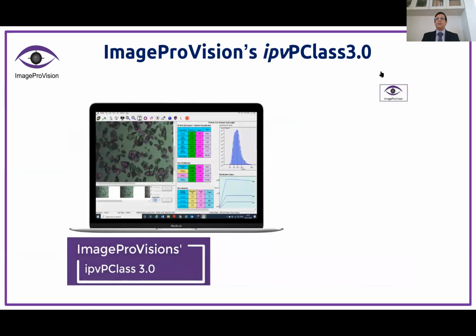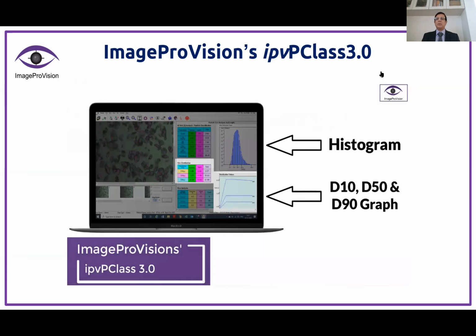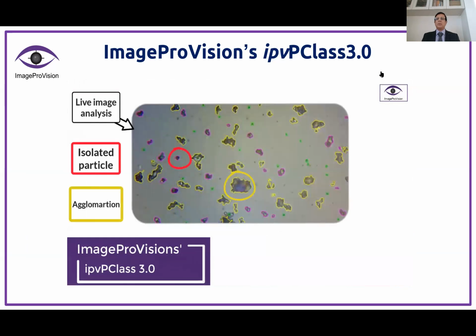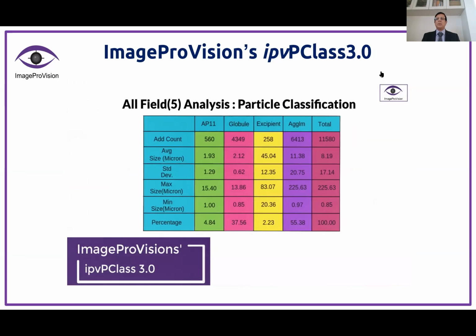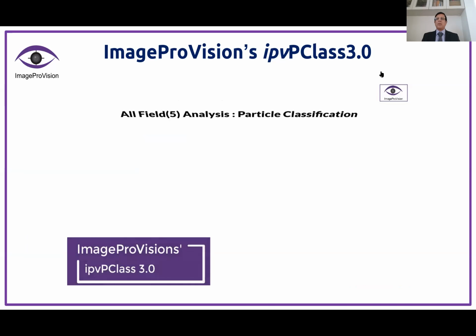IPVP class software works through its patented algorithm to generate a histogram, and D10, D50 and D90 graphs are plotted. Each particle gets identified and further classified as isolated particles and agglomeration, whereas isolated particles are further classified as API, excipient, etc. Statistics are calculated in terms of particle count, minimum, and maximum average size of particle.